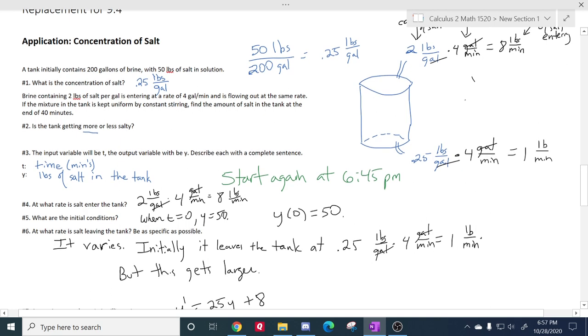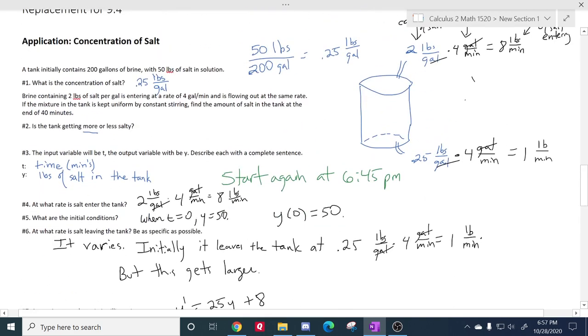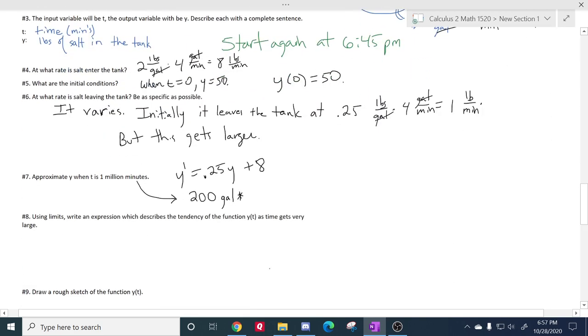So after a really, really long time, like a million minutes, it's going to be 2 pounds per gallon. And then these units cancel out. We get 400 pounds of salt. y is going to be approximately that after a super long time.